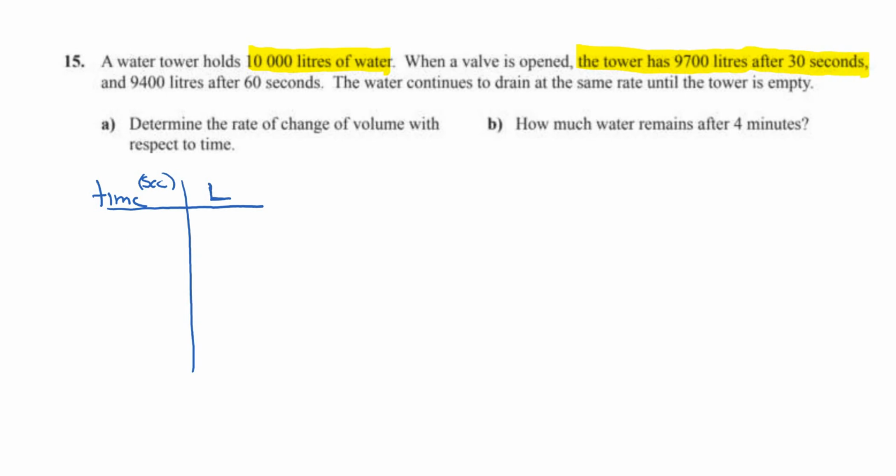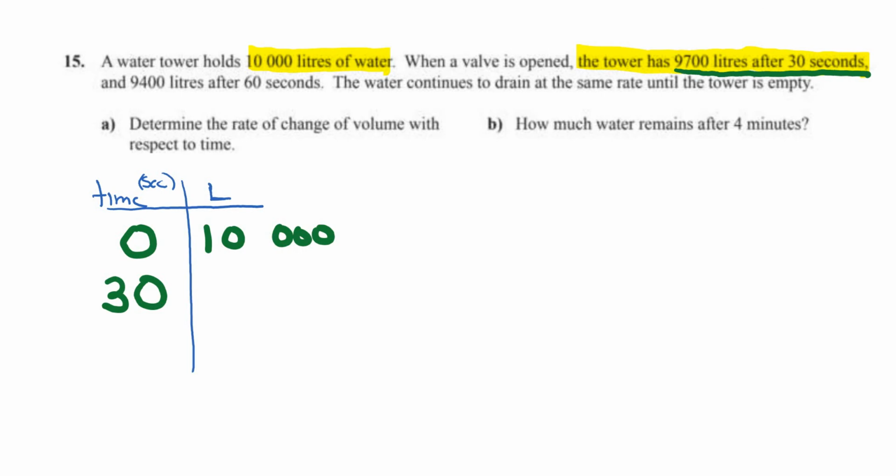Okay, so in the beginning, the way we illustrate beginning is a time of 0. We have 10,000 liters of water. Now, when the valve is open, the tower has 9,700 liters after 30 seconds. So after 30 seconds, we're going to let some water go.